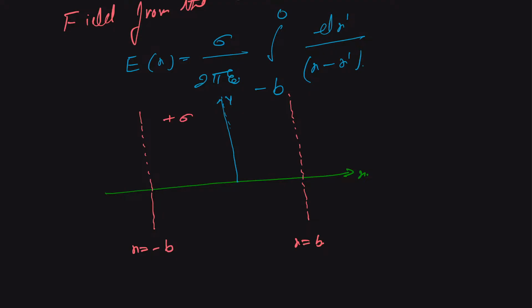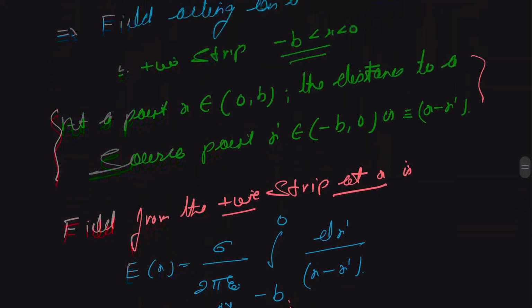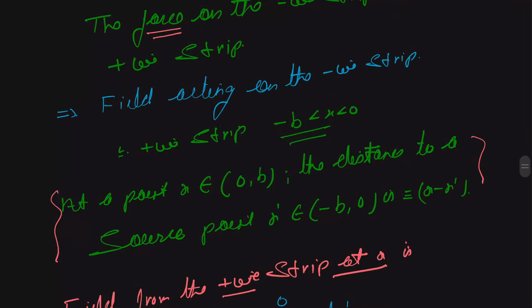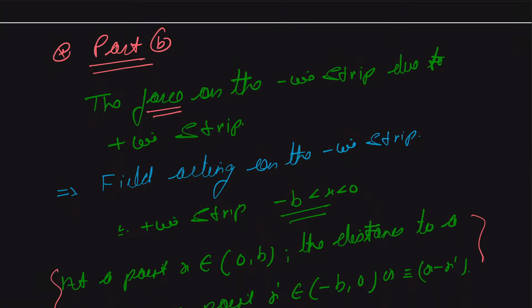This is our positive and this is our negative. So in this particular case, we are going to find out the field from the positive strip at x, and we have to remember that we are going to find out the force on the negative strip due to the positive strip.